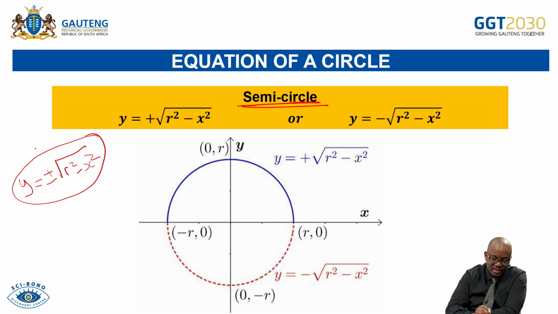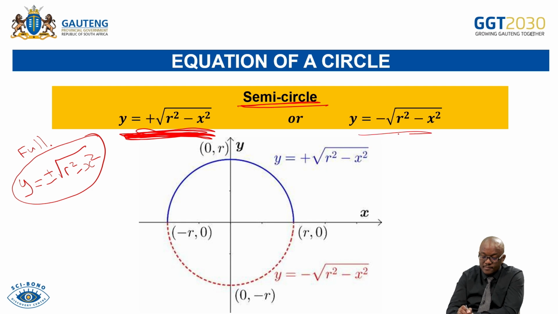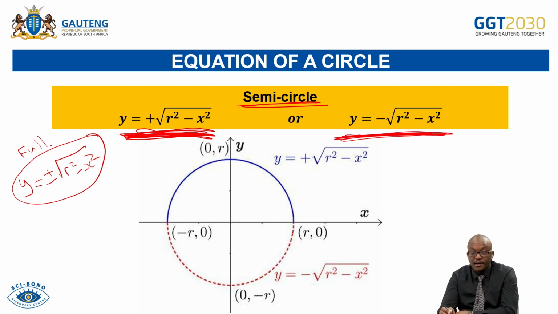We're saying this one is your full circle. But for a semicircle, we have two equations. The one is y equal to plus the square root of r squared minus x squared. Then the other one is y is equal to negative the square root of r squared minus x squared.